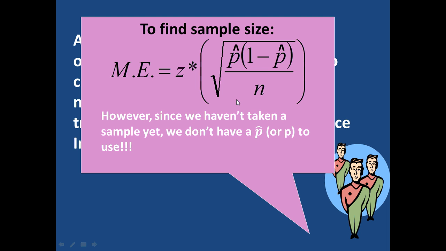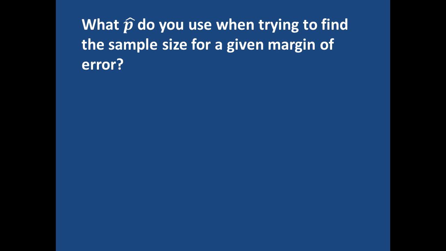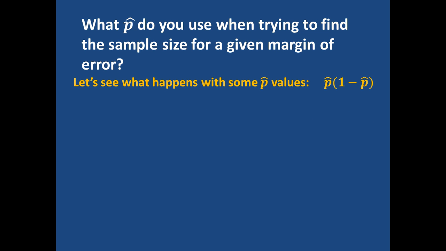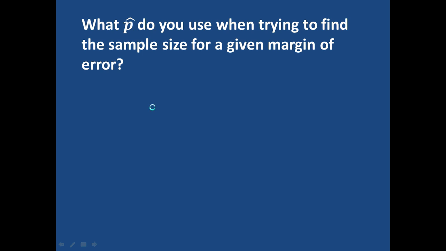So I'm just going to play around with some of these numbers to see what happens. What if p hat was 0.1? Again, I'm just deriving something here so you can see what we're doing. If p hat was 0.1, then 1 minus p hat would be 0.9, and that would give us in the numerator a 0.09.